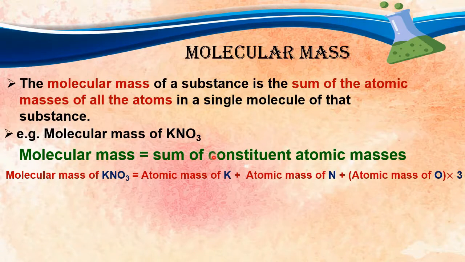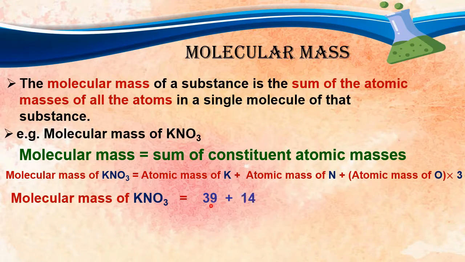Atomic mass of potassium is 39. Atomic mass of nitrogen is 14 and atomic mass of oxygen is 16. Therefore, we write molecular mass of KNO3 is equal to 39 plus 14 plus 16 multiplied by 3.